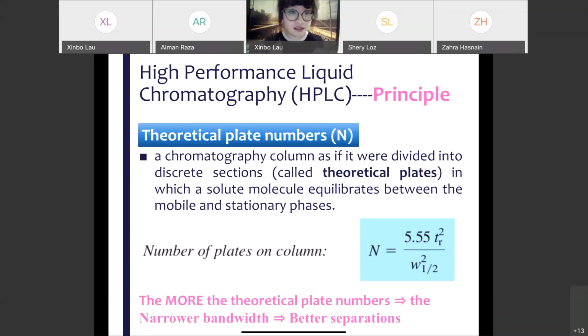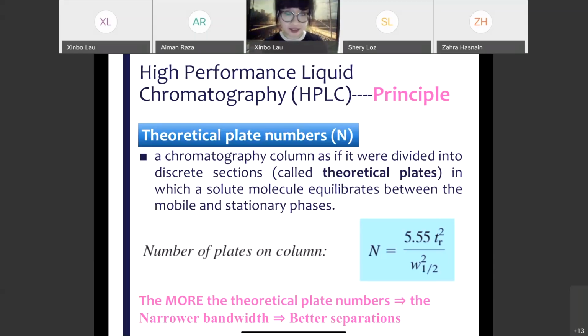The one thing you need to know is, in theory, what's going to give us good separation, because that's what we want at the end of the day when we use these instruments. The more theoretical plates, the narrower the bandwidth, and the better the separation. I'm sorry, for the bottom line, you don't see it, but that's also on the PowerPoint.